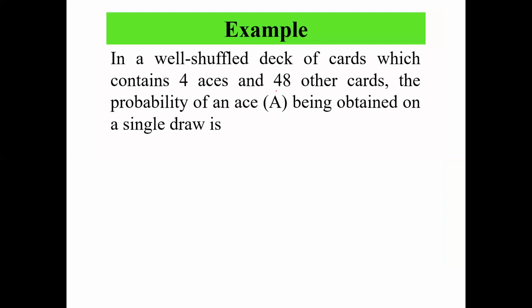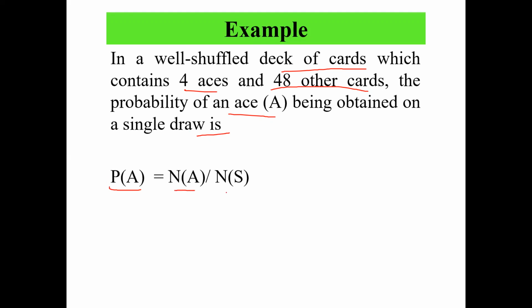In a well shuffled deck of playing cards, which contains four aces and 48 other cards, there are a total of 52 cards. The probability of an ace A being obtained on a single draw is the number of favorable cases divided by the number of exhaustive cases. Here favorable cases are 4 and exhaustive cases are 52, so the probability is 1 by 13.